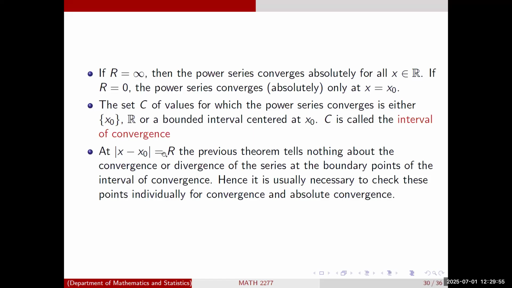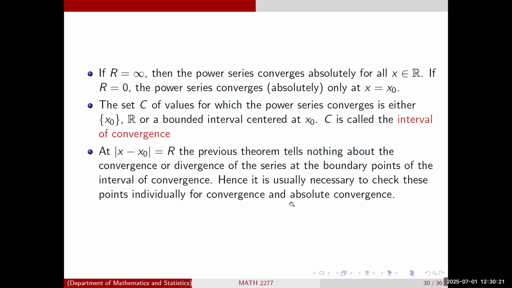Now at the boundary, when x minus x0 is equal to r, this theorem tells us nothing about the convergence or divergence of the series at the boundary points of the interval of convergence. So it is usually necessary to check these points individually for convergence and absolute convergence.